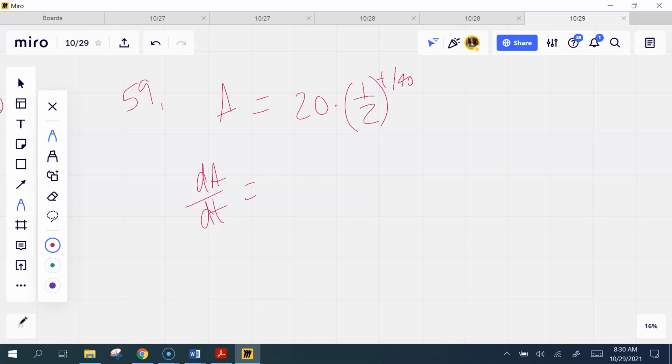So the derivative here would be 20 times, now let's do this. This is a to the x, right? So what's the derivative of a to the x? Get your derivative sheet. It's the natural log of a.